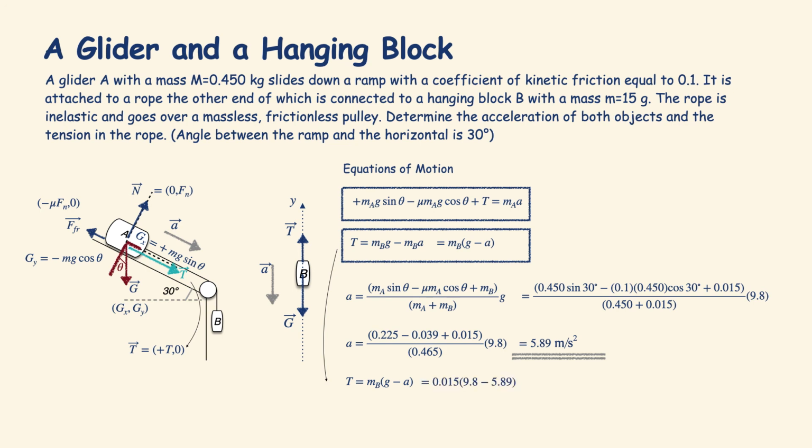The mass of B is 15 grams. I've switched here to kilograms, 0.015, and then that has to multiply the difference between 9.8, the value of g, and 5.89, that's the value for my acceleration. So that gives me for the tension 0.05865 newtons. I kept an extra digit.